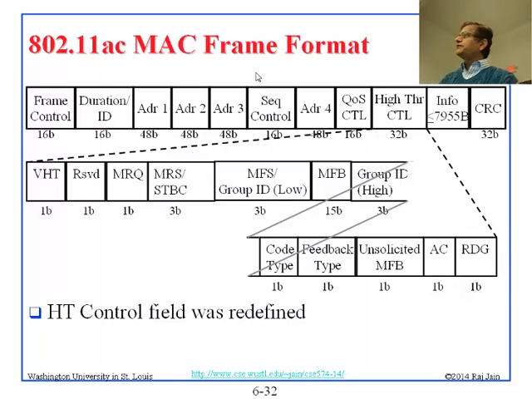Look at the first bit. If the first bit is 0, then it is 11N. If the first bit is 1, then it is 11AC. Now again there are some bits here which we'll discuss, but they are practically the same as in 11N.